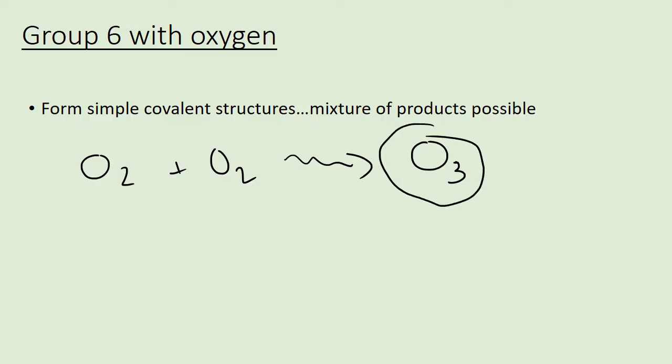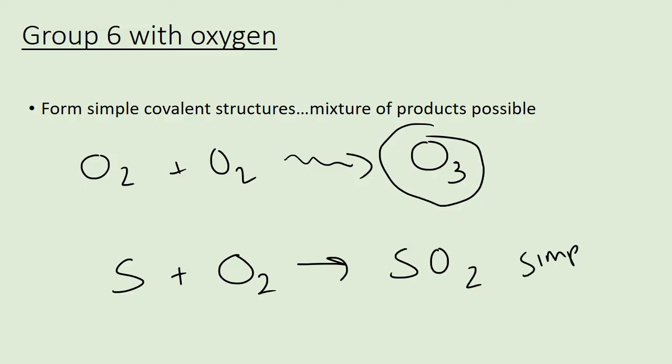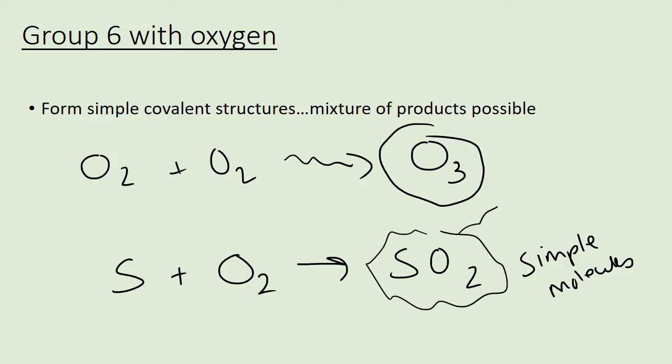The other element here in group 6, sulfur. Sulfur will react with oxygen to make sulfur dioxide, which is a simple molecule and, you guessed it, it's acidic. It's a non-metal oxide.